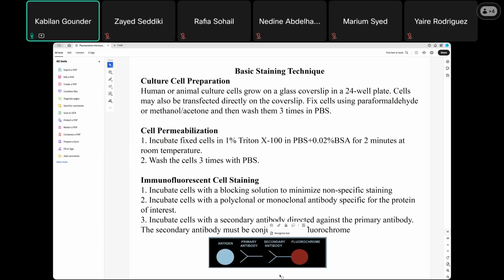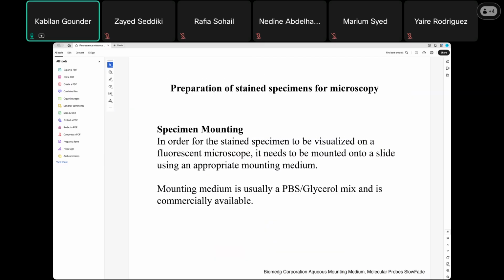Just a quick observation, you can do this, it is a basic technique. In order to visualize the stained specimens on a fluorescent microscope, they need to be mounted on a slide using an appropriate mounting medium.